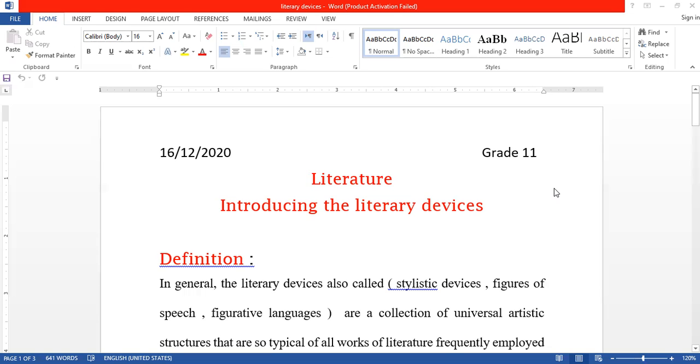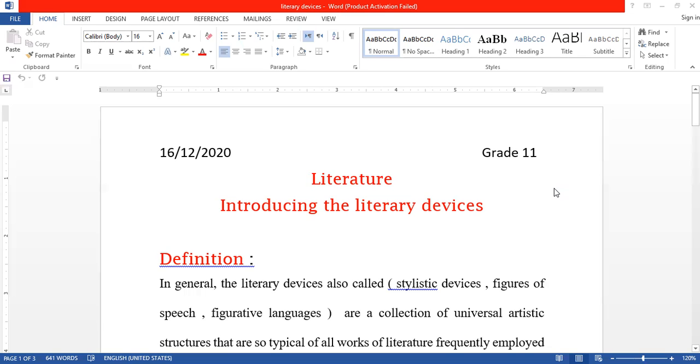First of all, before starting with the definition, I can simply say, generally speaking, that any writer, whether of short stories, a novel, a poem, or a play, will refer to what we call literary devices. These literary devices are very important for the writers and also for the reader in order to understand what the writer wants to convey.